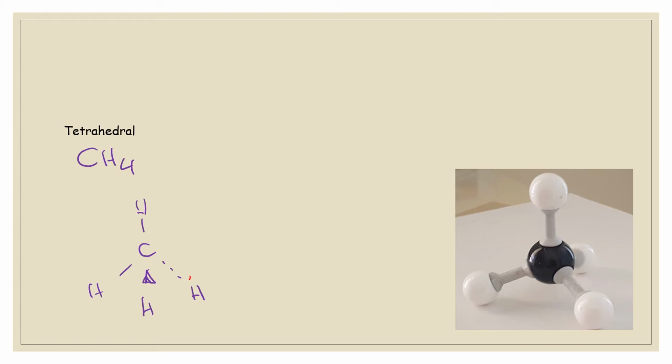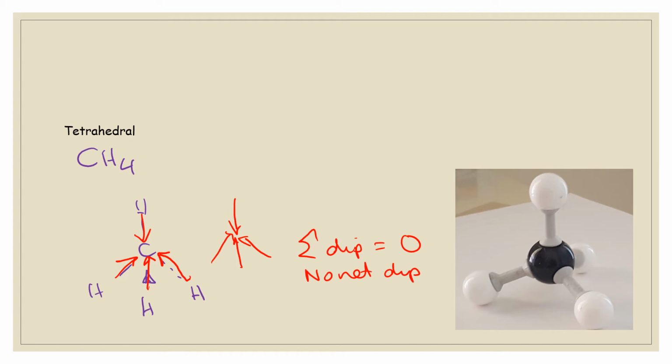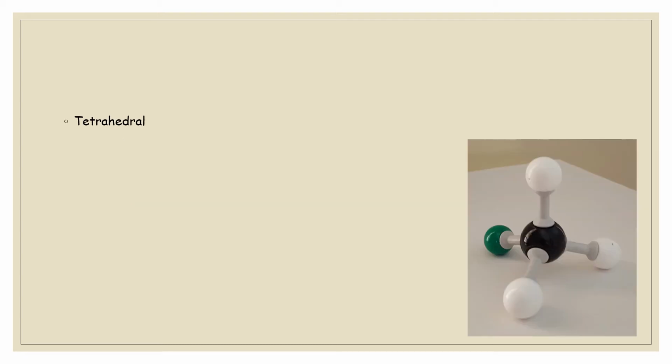So in this case, it is being pulled in towards the carbon. These will sum vectorially, and the sum of the dipoles in this case will equal 0, so there is no net dipole. So therefore it is a non-polar molecule, which means it's got an even charge distribution.